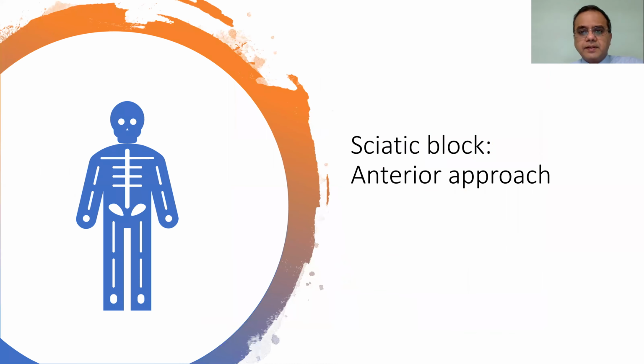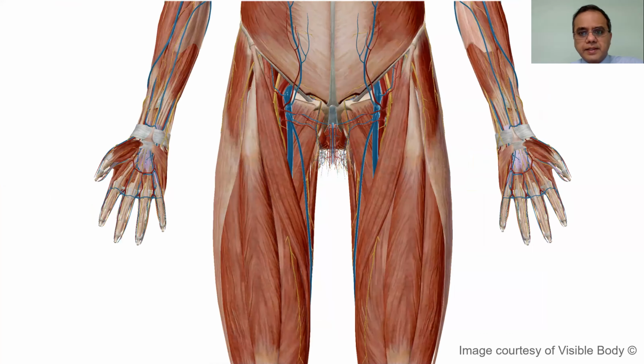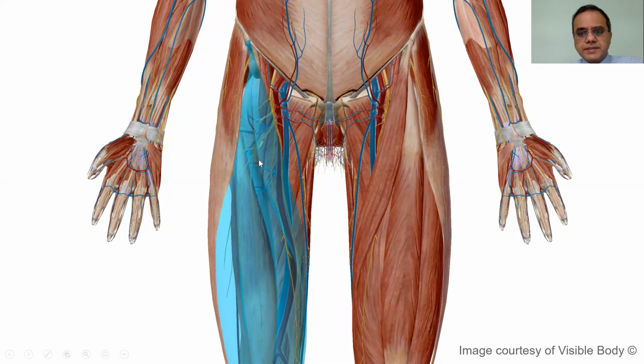To start with, let us look at the anterior approach. Here you can see the human body. Removing the superficial layers, what it will reveal is the quadriceps muscles. I've highlighted these quadriceps muscles.